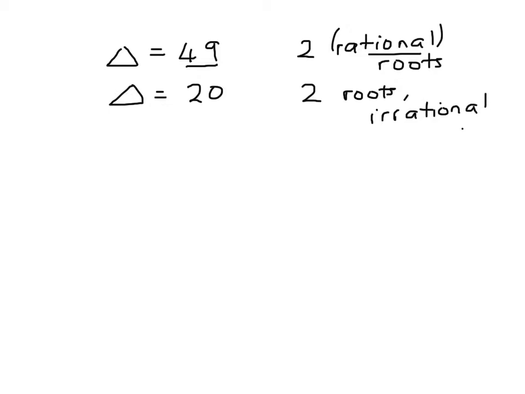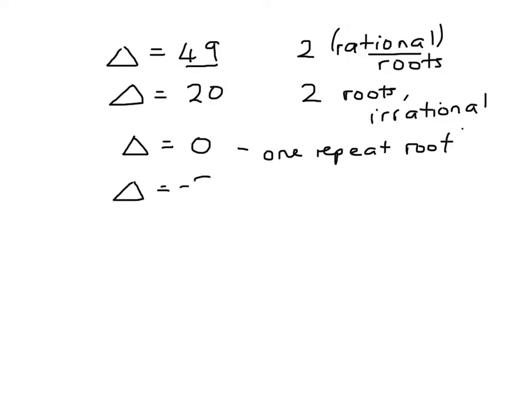What about if my discriminant worked out to be 0? I would say it had one repeated root, or one rational root. If my discriminant worked out to be -5, I would say it had no real root, only imaginary.